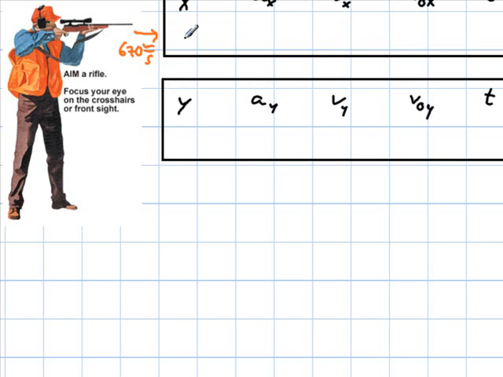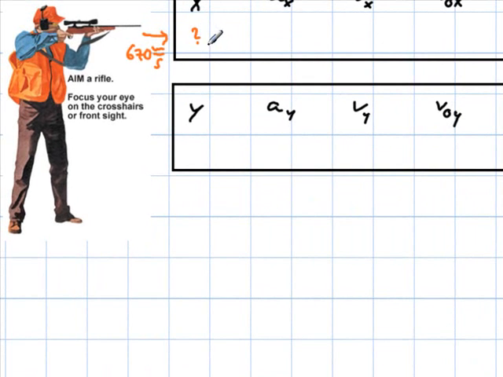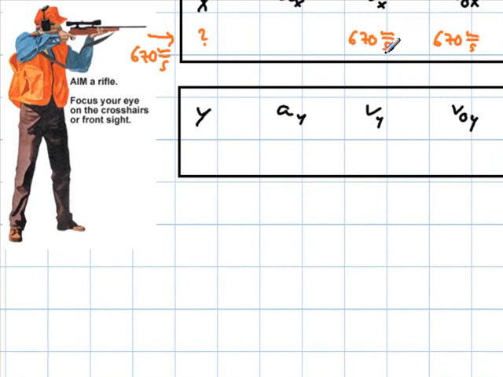So what we're supposed to figure out is x. What we have given is, because it's being shot horizontally, 670 meters per second. And in the x direction, that's not going to change with no air resistance. We have zero acceleration. And then the y is given here, 0.025 meters below the center. So a negative makes sense because it drops.